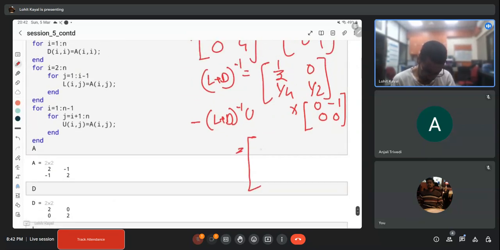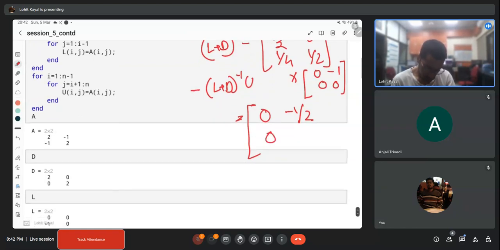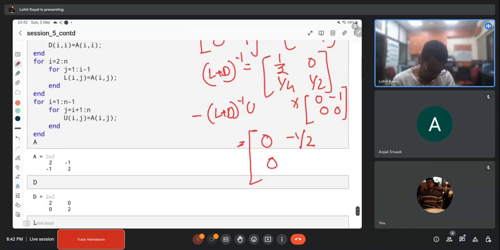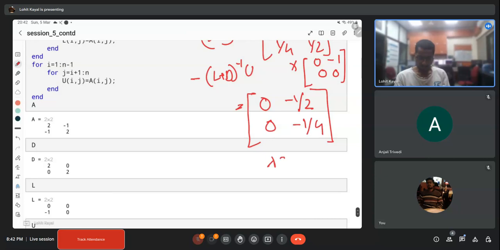First row first column is 0, first row second column is minus half, second row first column is 0, second row second column is minus 1 by 4. Now I need to calculate the eigenvalues. This is an upper triangular matrix, so the eigenvalues will be lambda equal to 0 and minus 1 by 4.